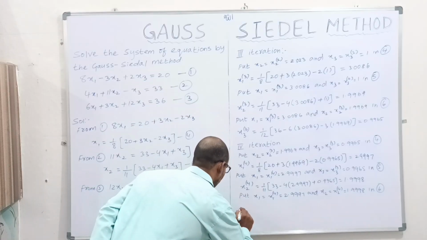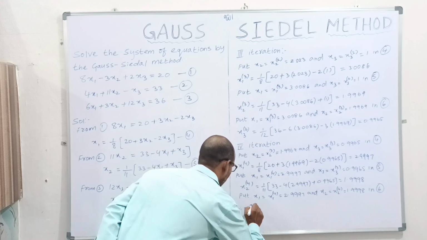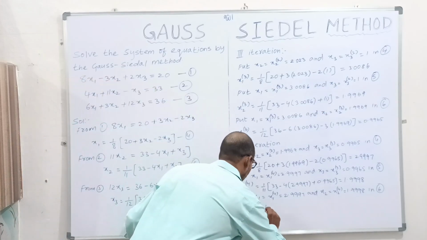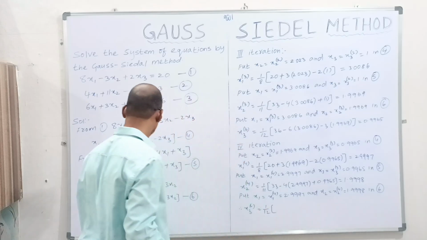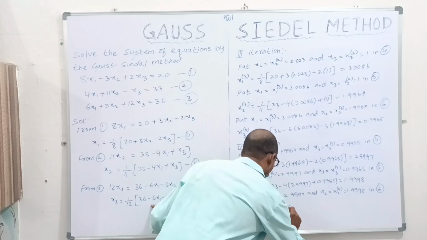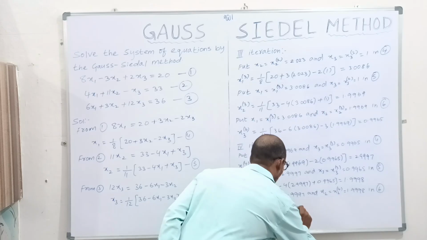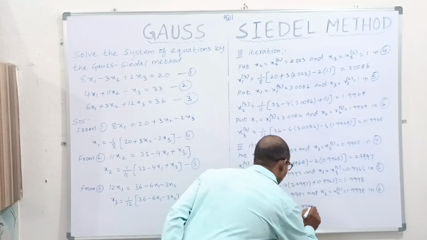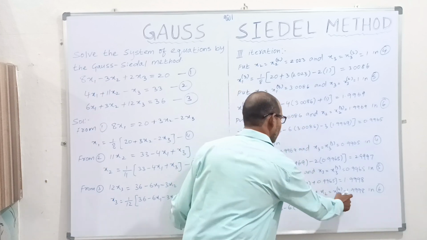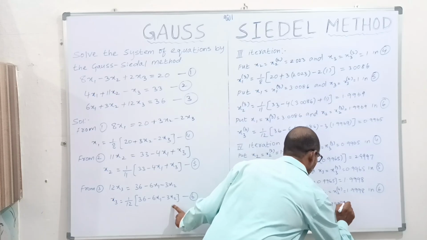Therefore, x3 is equal to 1 upon 12 times (36 minus 6 into x1, so the x1 value is 2.9997, minus 3 into x2, so the x2 value is here, 1.9998).